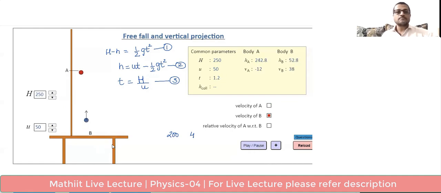Fire. Oh, wait, let us look at the velocity of A also. What has happened to the time of collision now? It has become 5 seconds. So for 250, it has become 5 seconds. Let us increase it further. Let us make it 275 something.